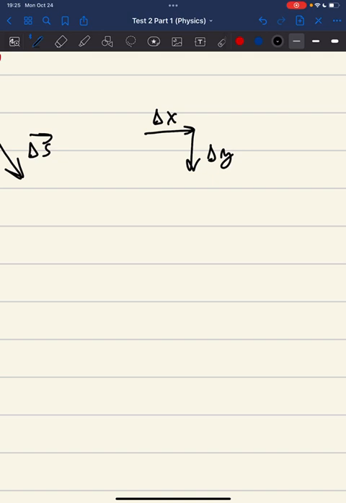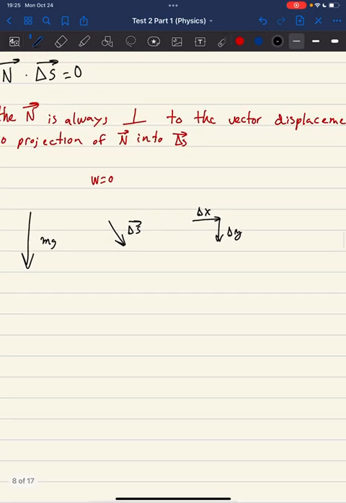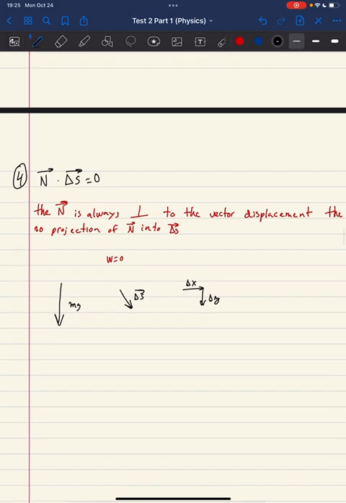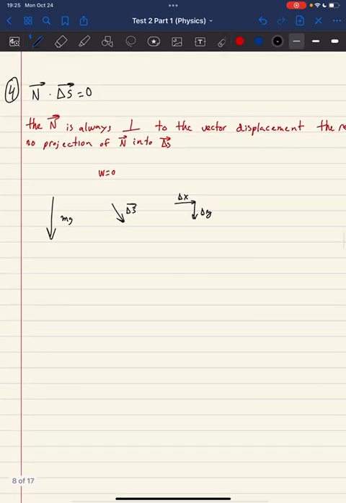Okay, so work. Work, we said it was 0 because of our formulation of how the box will be moving with the kinetic, and we will come to a slight stop at potential.